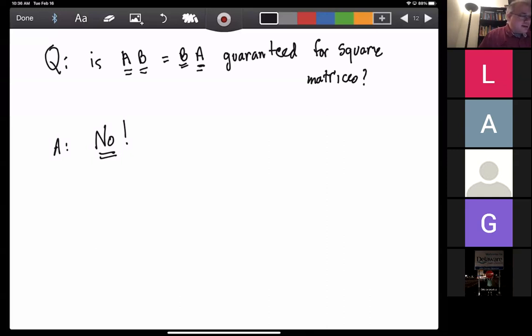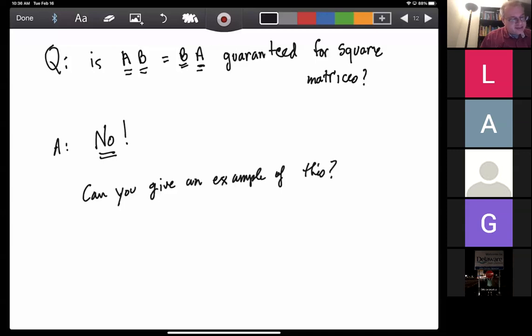Okay, so let's see. Can anyone come up with an example of, let's say, 2 by 2 matrices where this happens?